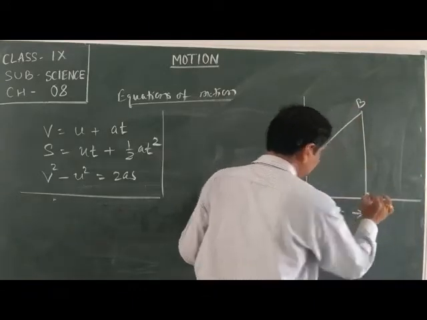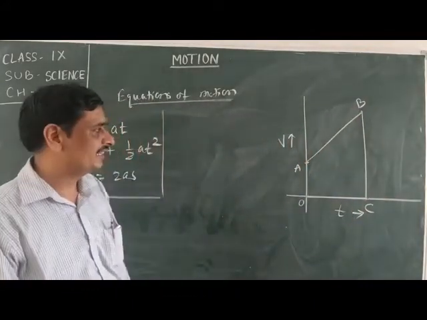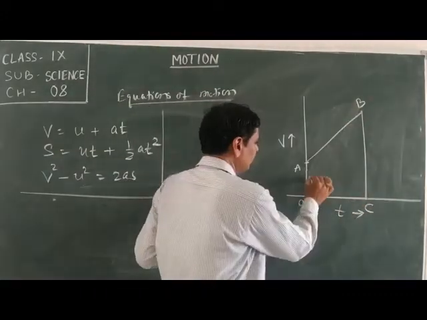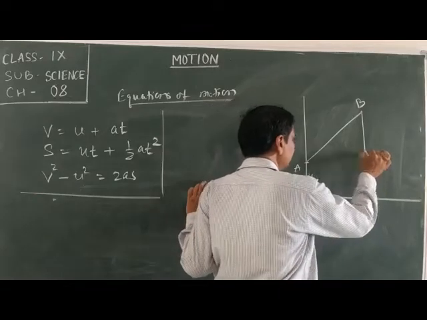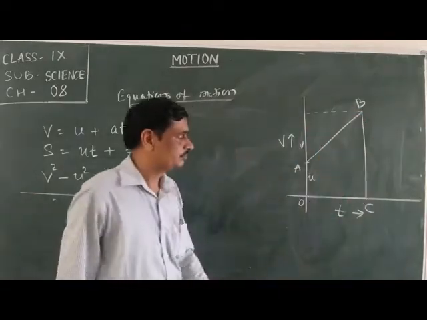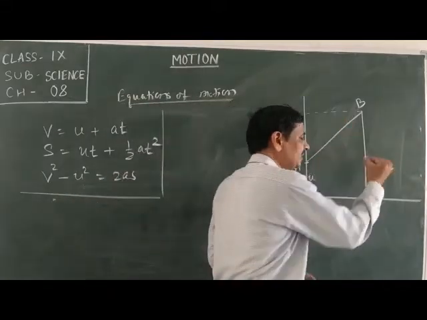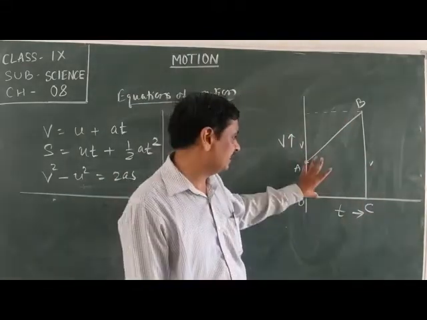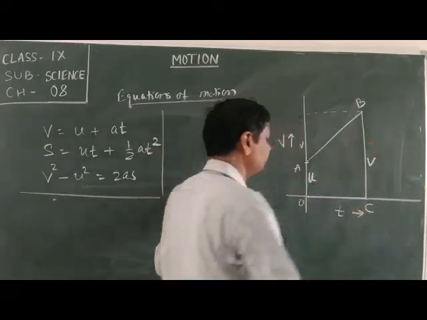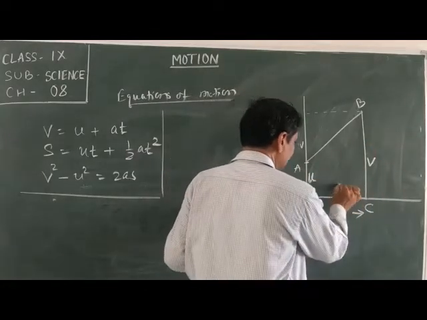It is the time taken for the body to increase its velocity from OA to BC. OA is U, the initial velocity, and BC is V, the final velocity. And this time is T.